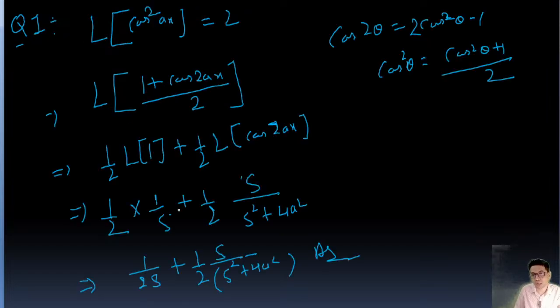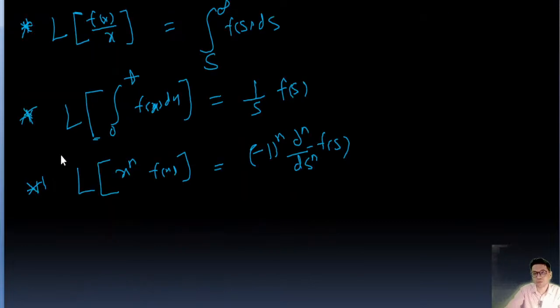We have this formula, right? I'm showing you, this one, Laplace transform of x to the power n into fx, right? So this is going to be minus 1 to the power n d to the power n upon ds to the n of Fs, right?